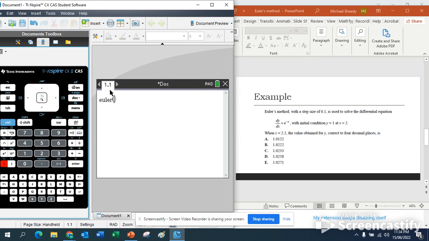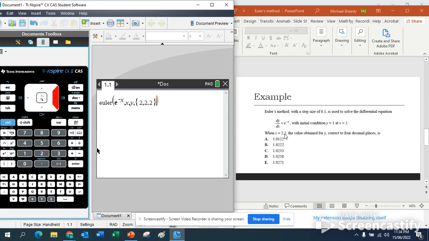Okay, so using our CAS calculator, we type the word Euler, open a bracket, we input the derivative expression, which is e to the power of negative x, followed by comma, x, comma, y, comma. Now in a set of braces, we put x0, so reading the question again, x0 is 2, comma, and x maximum is 2.2.